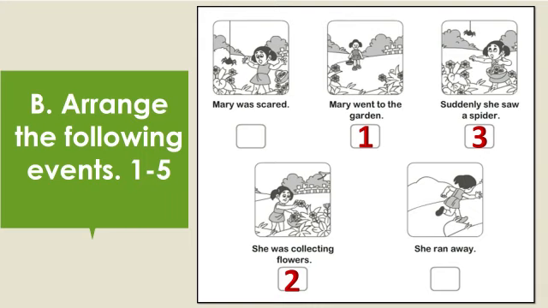While collecting flowers, she saw a spider. And when she saw a spider, Mary was scared. And when Mary was scared, she ran away. So that's the story about Mary and the spider.